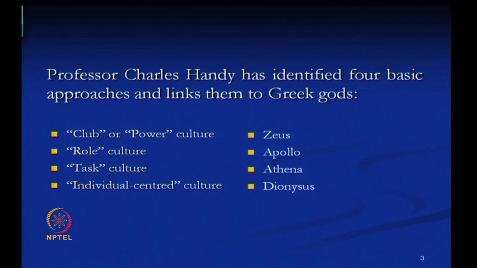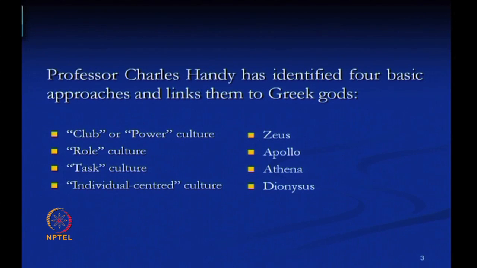The third kind of organization which Charles Handy identified was a task culture, which he termed as the shadow image of Athena, who was a warrior goddess, a patron of problem solvers, craftsmen and pioneers. Therefore, there were certain symbols which he attributed to each of these categories, and I will come to that later. But for the moment, task culture was given the patron of Athena.